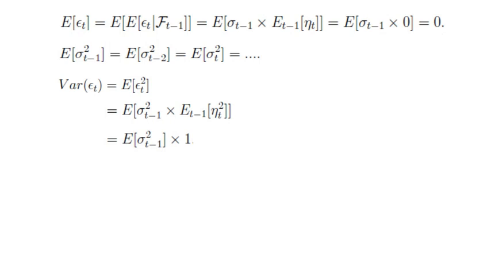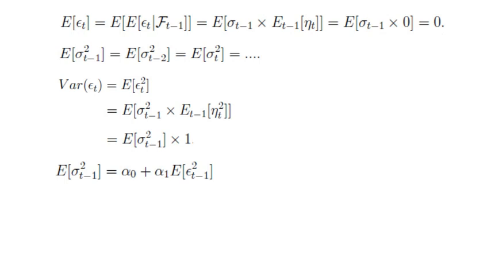Here's what we do next. We now plug in the ARCH(1) parametrization into the last equation and take the constants out of the expectation operator. So the expectation of sigma squared t minus 1 by the ARCH(1) assumption is simply alpha 0 plus alpha 1 times the expectation of epsilon squared t minus 1. Now we use again the law of iterated expectations, and we rewrite epsilon t minus 1 by its parametrization, sigma times eta.